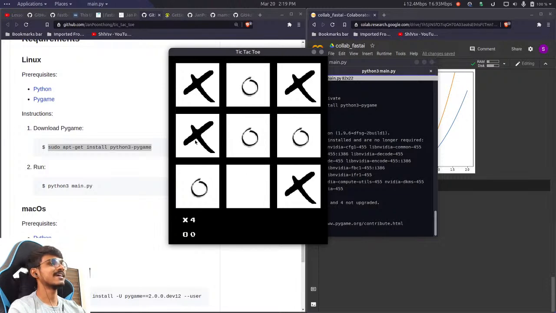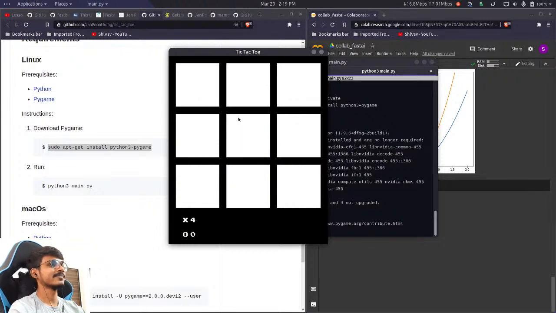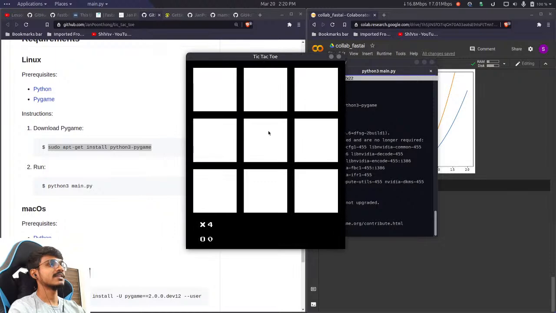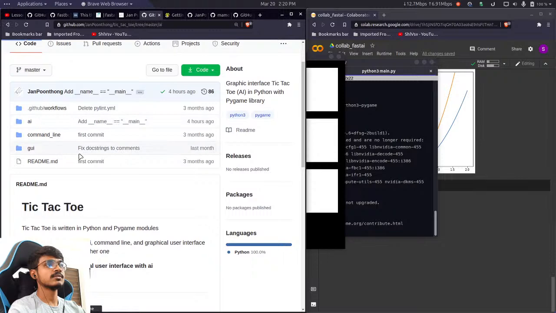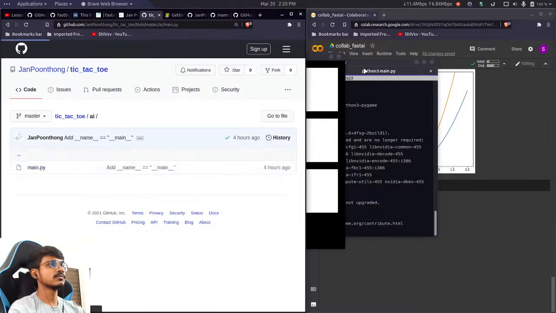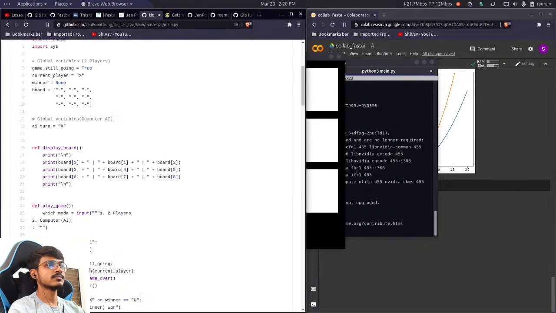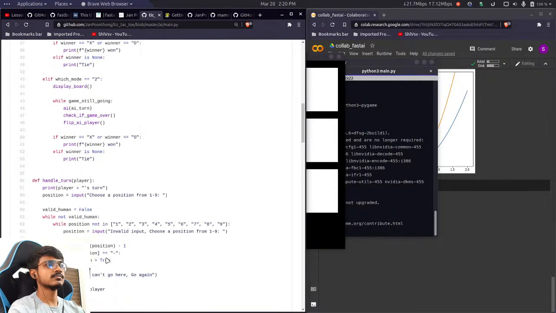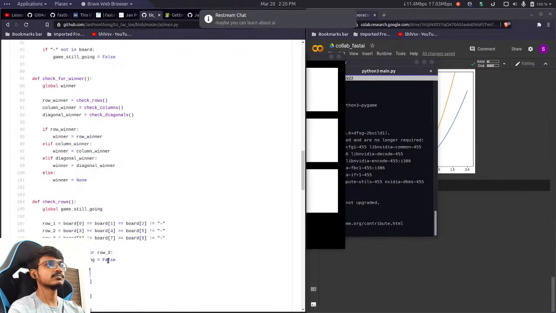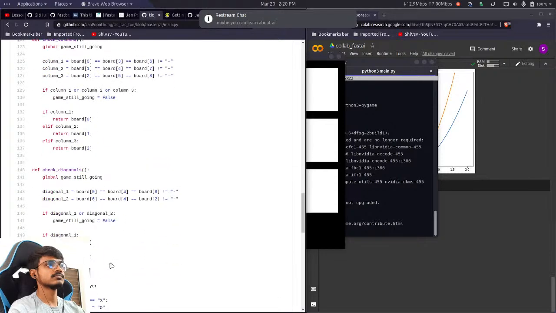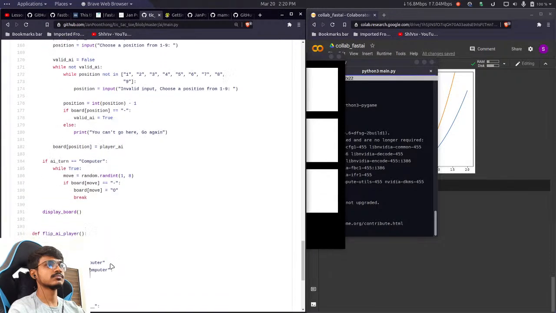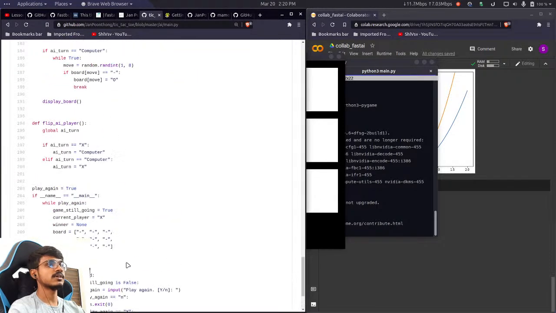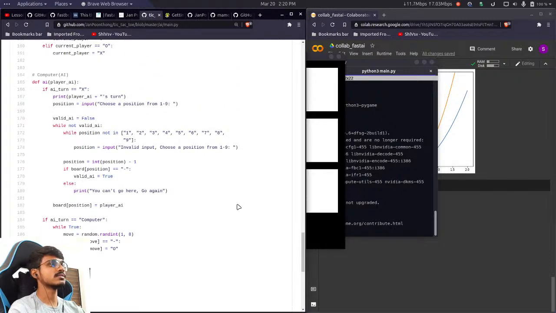I guess it is not that intelligent an AI. But this application looks cool, man. So what kind of algorithm are you using in this AI?